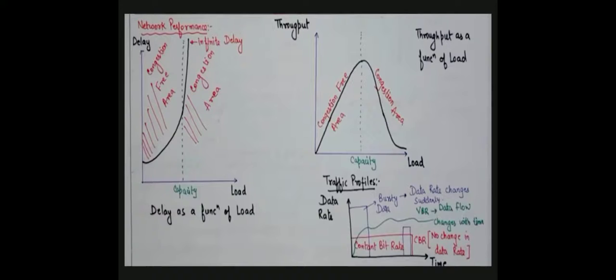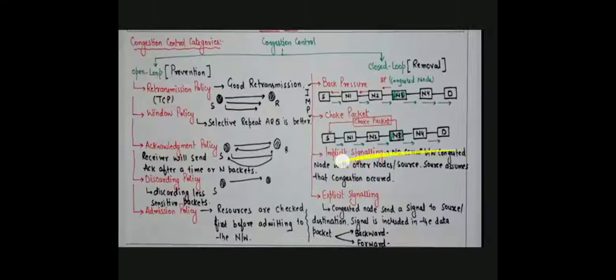The burst data rate packets move much faster, so they collide with the other constant bit rate packets. So congestion is going to happen. How are we going to avoid these situations? We are going to learn now.